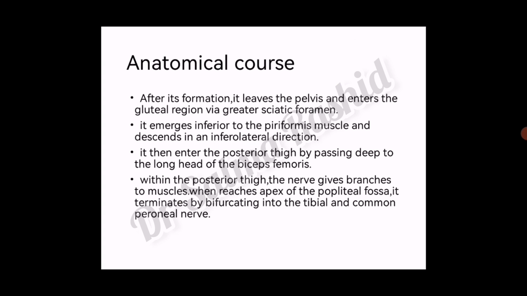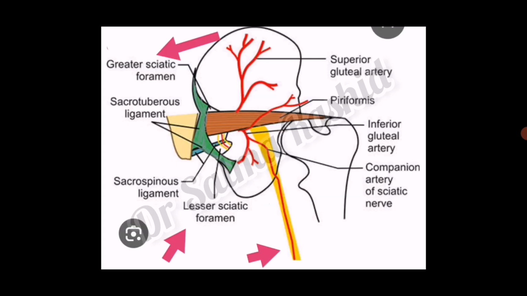Now its anatomical course. After its formation, it leaves the pelvis and enters the gluteal region via the greater sciatic foramen. Here you can see I have pointed out the greater sciatic foramen and the sciatic nerve.